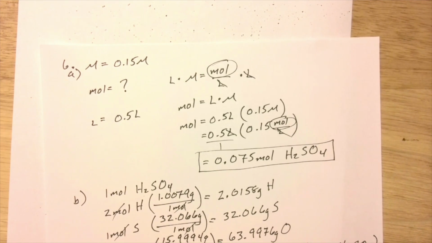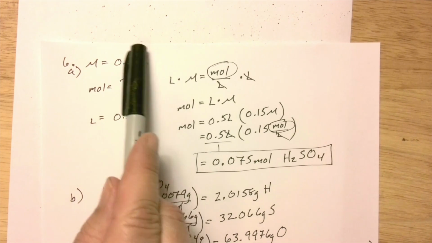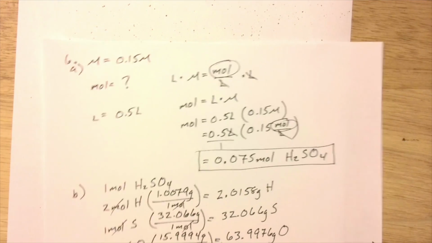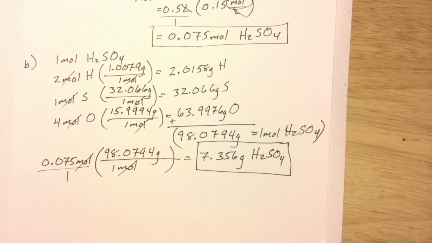And this is something that I have to do quite a bit whenever I'm preparing solutions: if I need a certain concentration and a certain amount of it, how much do I have to dissolve in order to give me that concentration and that volume.